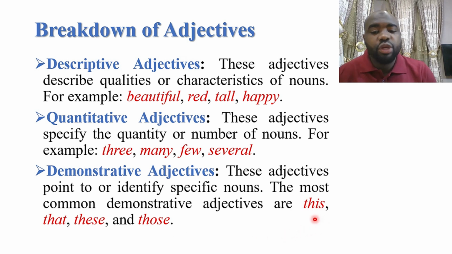This particular adjective, this, is singular and these is the plural. When you want to use something that is singular, something that is one, you use this. For many, two and above, 2, 3, 5, 10, you use these.